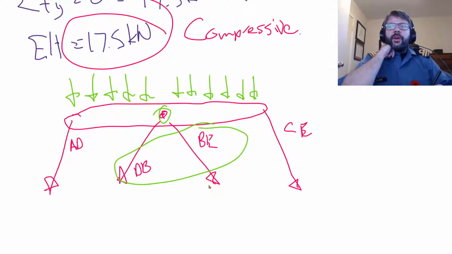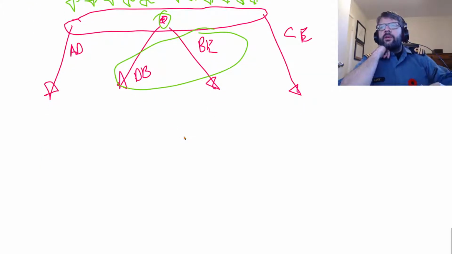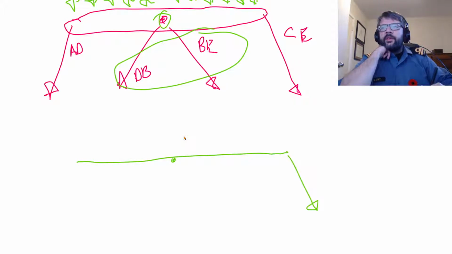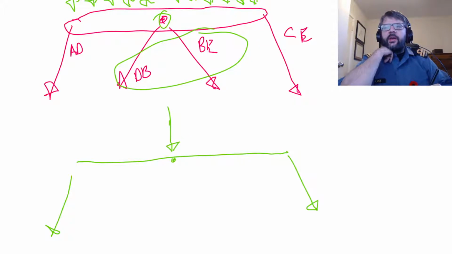So essentially, if we got a pin here, and we're pulling on this, and we're pulling on this, and then let's replace what's going on up top with the resultant, and we're pushing down here.